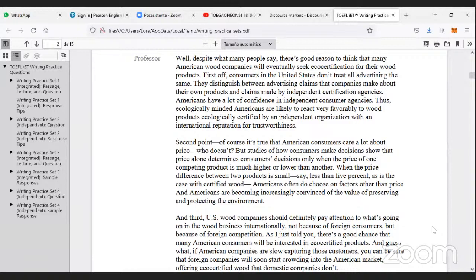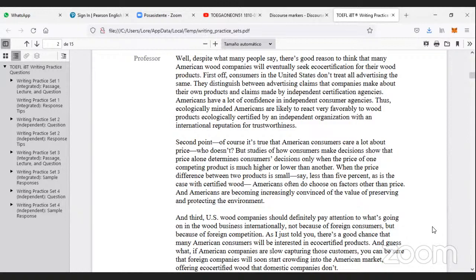When the price difference between two products is small, say less than 5%, as is the case with certified wood, Americans often do choose some factors other than price. And Americans are becoming increasingly convinced of the value of preserving and protecting the environment.